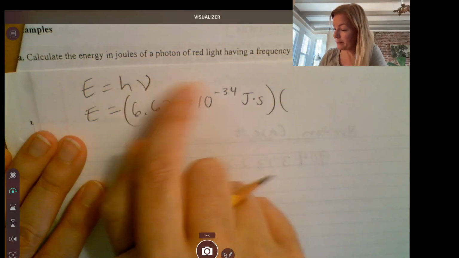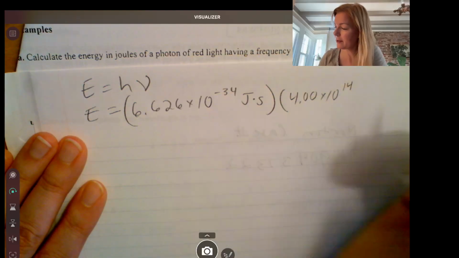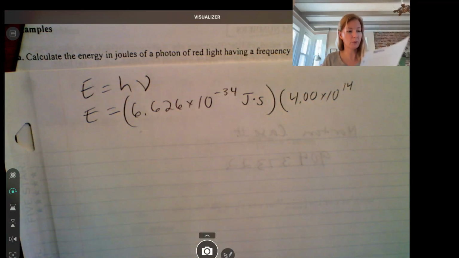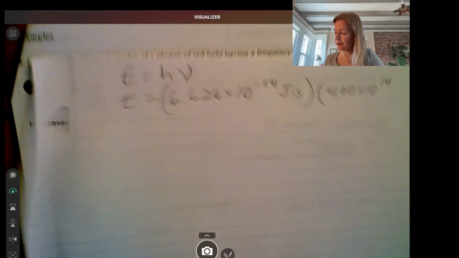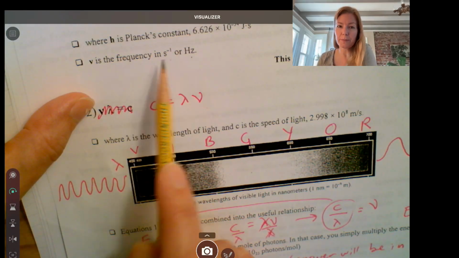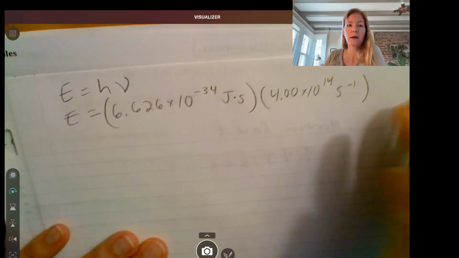This is frequency, 4.00 times 10 to the 14th. Hertz is the same as per second. So I'm going to switch to seconds to the -1.